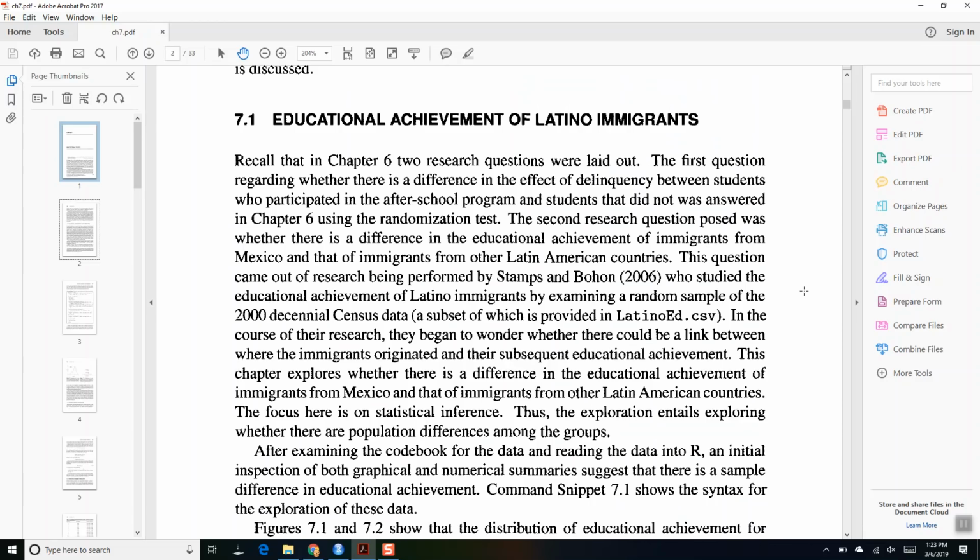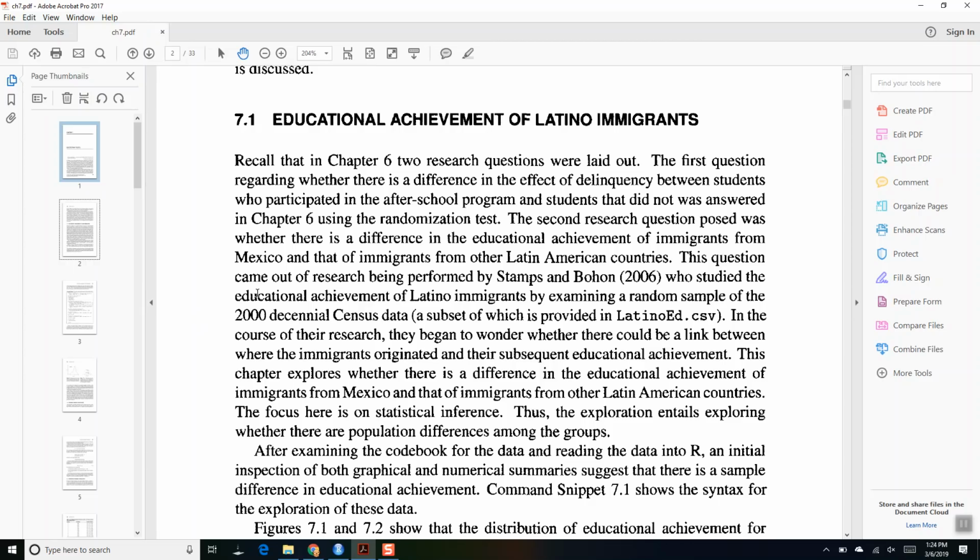We get a lot of immigrants from all the Latin American countries, but probably the largest group comes from Mexico. And so the researchers were interested: is there a difference between the educational achievement levels of immigrants from Mexico versus immigrants from other Latin American countries? This is what they did. They took data from the 2000 census, because this was done in 2006, so their most recent census data came from the year 2000.